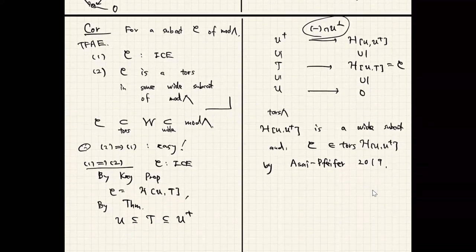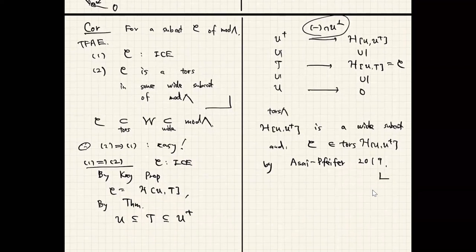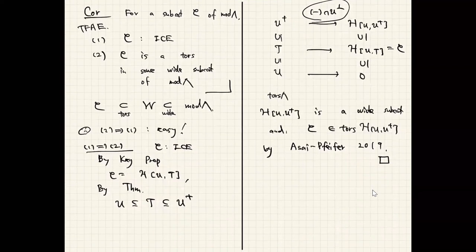So I won't talk in detail, but by using their results, we can actually prove that every ICE-closed subcategory is a torsion class of some wide subcategory. And maybe there are 20 minutes left, so we can move to the next section.